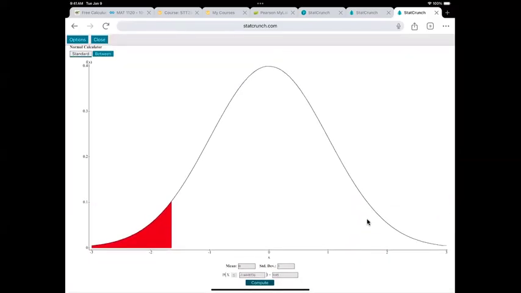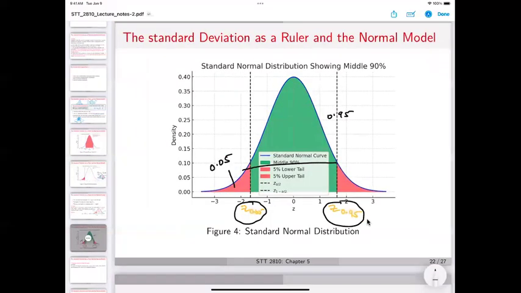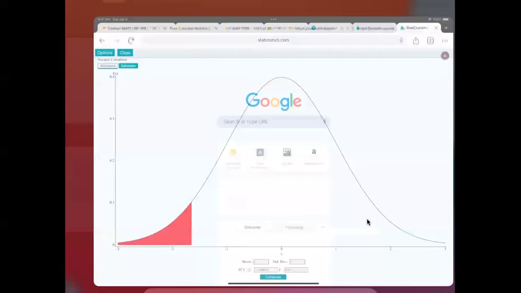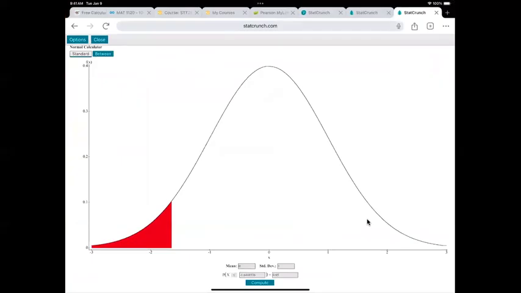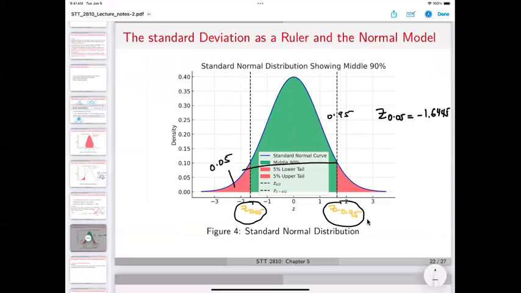So it gives you negative 1.645. Is that okay? So what it means is that z 0.05 is equal to negative 1.6448.